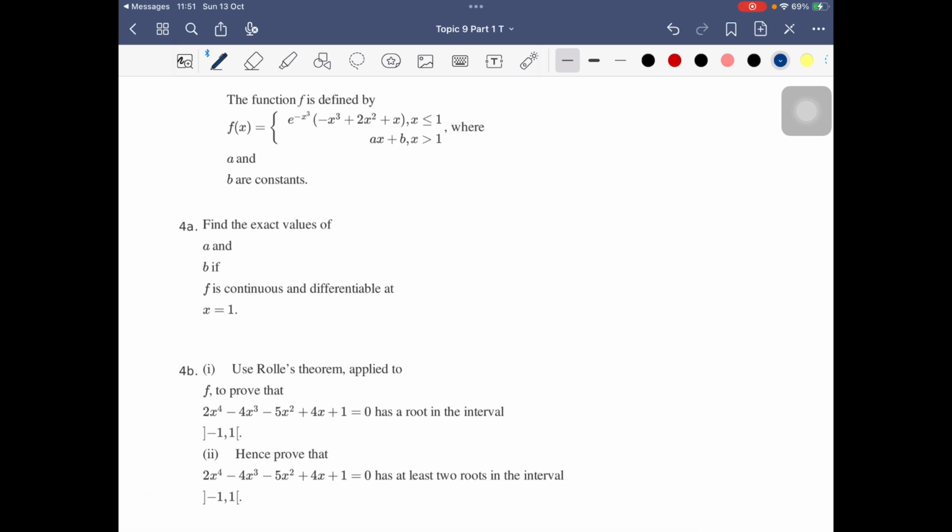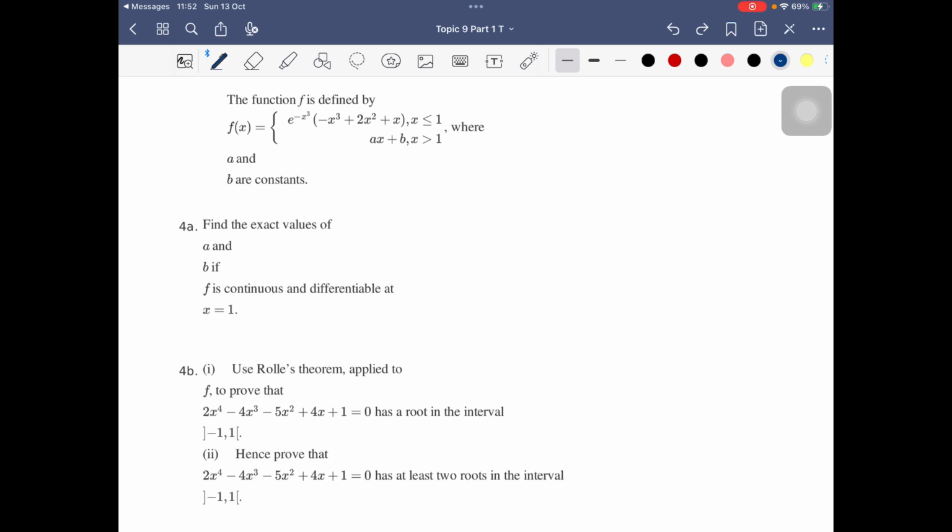And this one, a and b, continuous and differentiable. So it is continuous when, like a broken interval, the x value is 1, because on the left side of x it has a different function and the right side also has a different function.